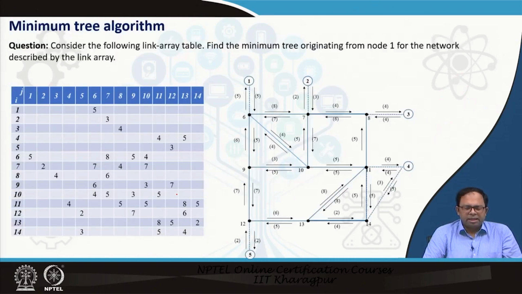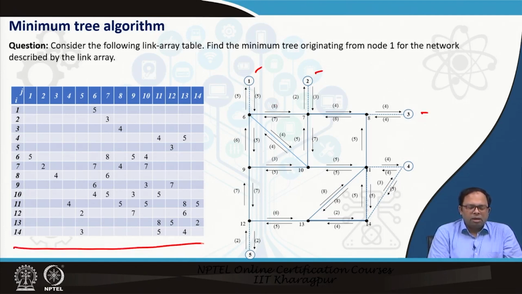So let's see by an example. We are trying to determine the minimum tree for this particular network. This is the same network that we have shown in the earlier lecture. These are the centroid nodes 1, 2, 3, 4 and so on. These are the links. This is a bidirectional link, and we are getting the impedance of each of these links, and that is also represented in this particular matrix.